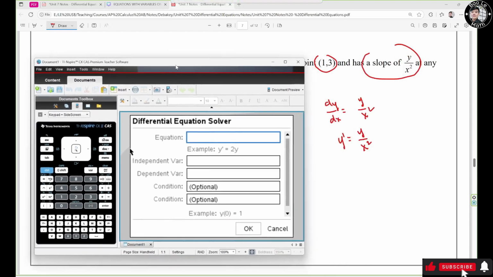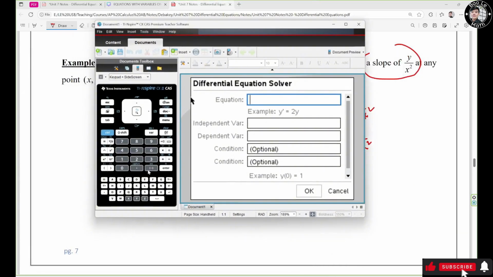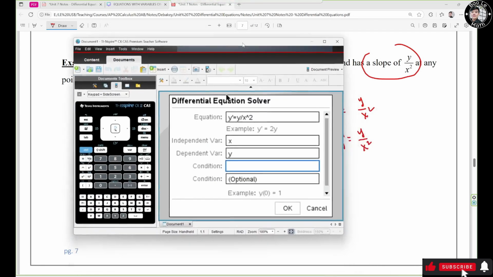So you have y prime equals y over s squared. Independent variable should be s, dependent variable should be y. Now the initial condition should be y of 1 equals 3.